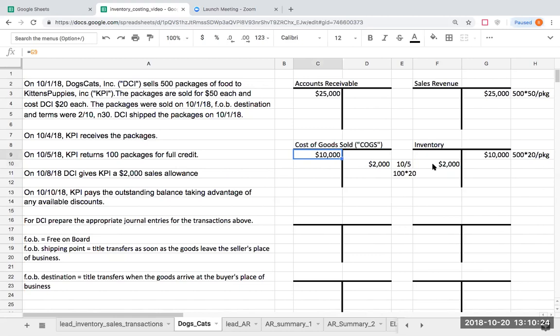However, since inventory is returning to me, I need to be showing this as a reduction to my cost of goods sold. Very important. We're using one inventory T account. In reality, if we receive goods back from a customer, we have to go through and highlight that separately.